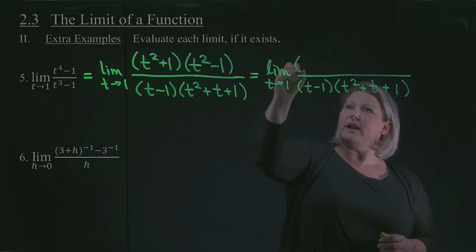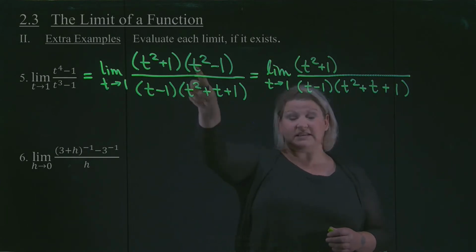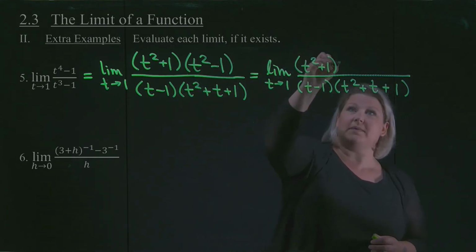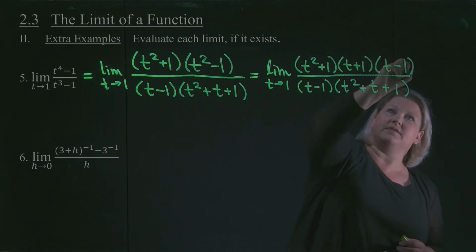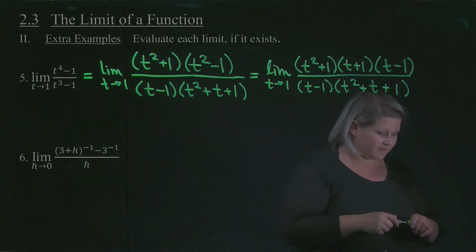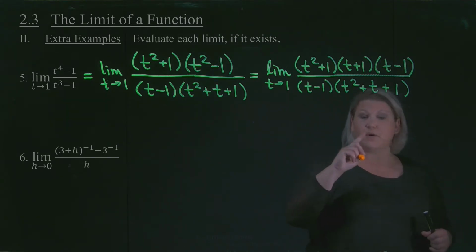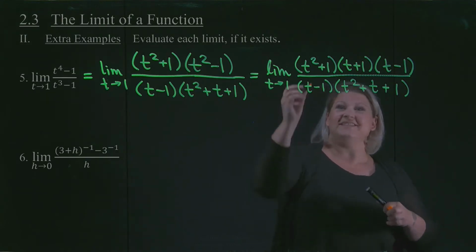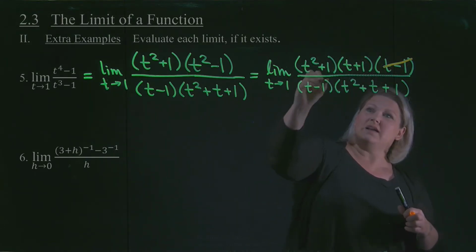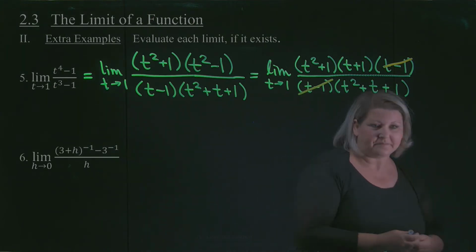The numerator, specifically the difference of squares right here in t squared minus 1, that can be factored. So sum of squares, not factorable. Difference of squares, totes factorable. Look what happens. t minus 1 and t minus 1, poof, disappear, go bye-bye.